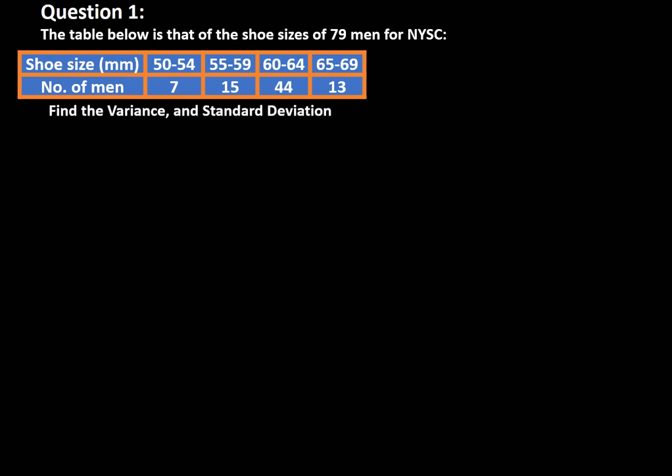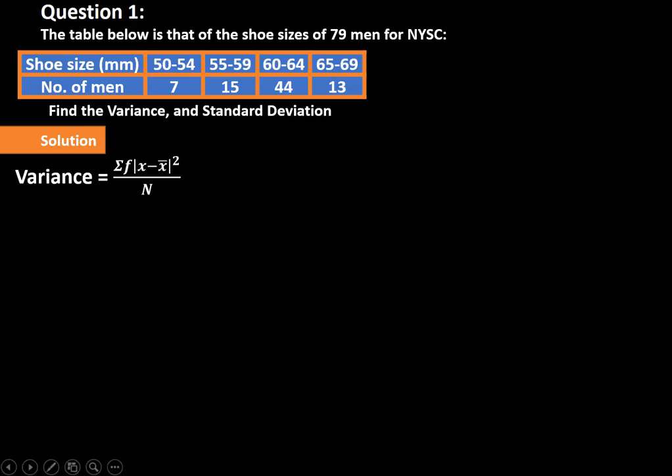So we're going to be using the expression for variance and standard deviation. I'm going to start with variance first. As you can recall, this is the expression for variance. We are going to use it to construct a table for our values.